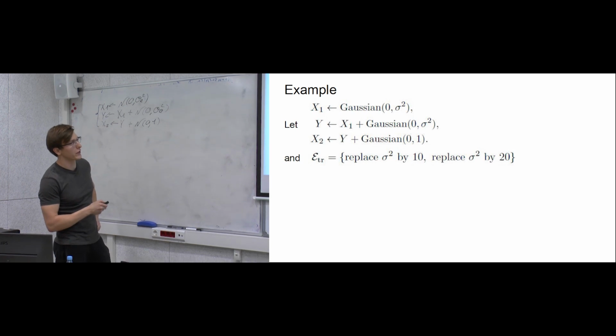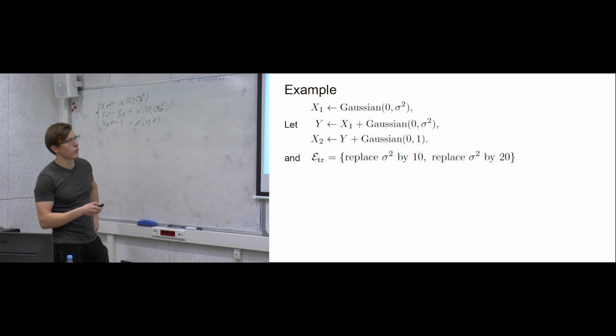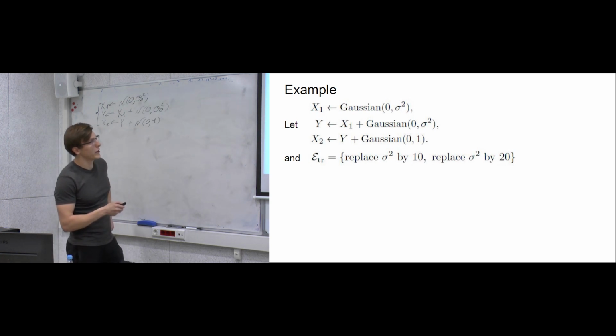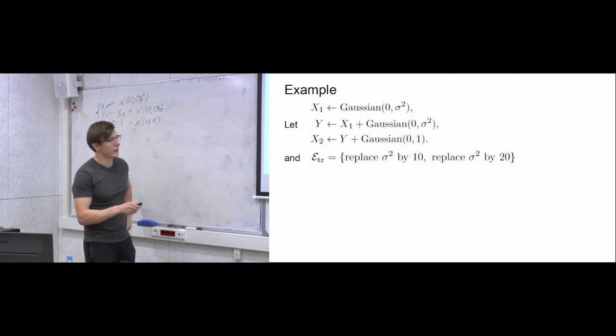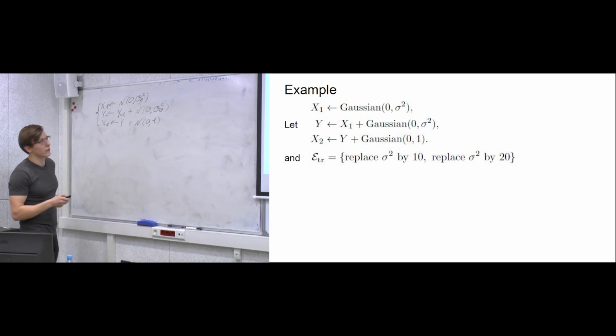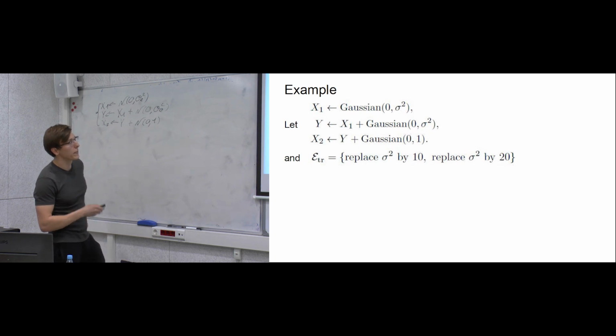For example, for x2, instead of this equation, we can have something like y squared plus some Gaussian noise, or just a constant 10 to the 6th degree, anything you want. The thing that remains stable is this causal correlation between x1 and output y.